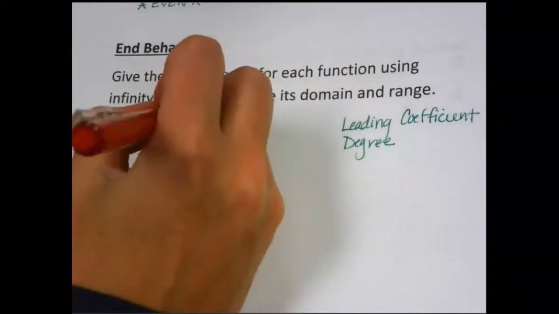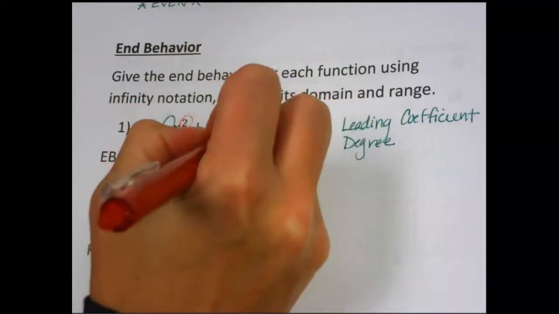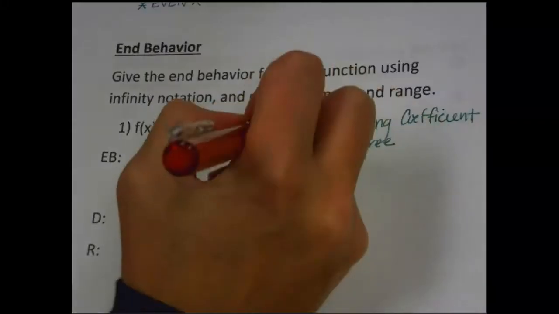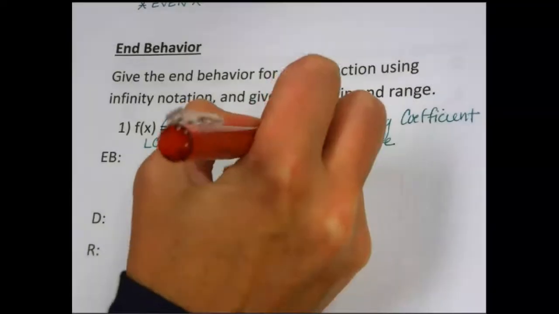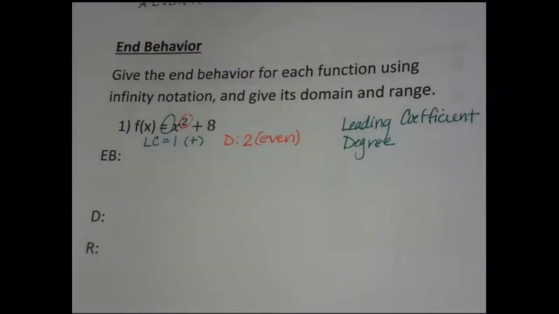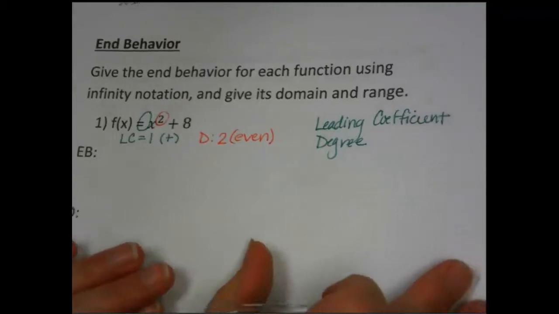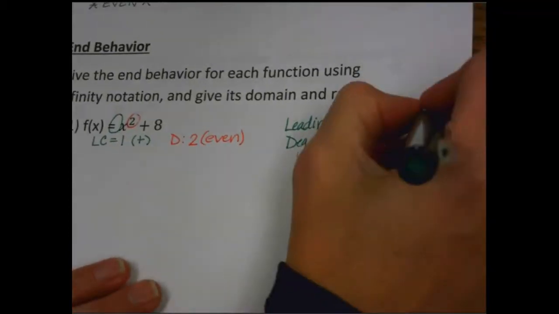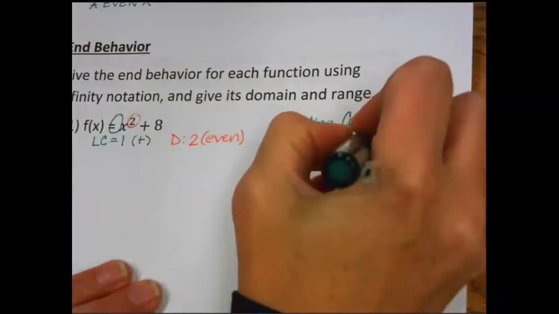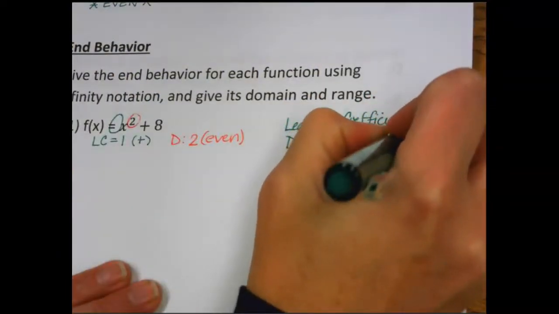So this 2 is our degree. So our degree is 2. And what we care about on that one is whether it's even or odd. So your leading coefficient, you're looking for positive or negative. And then degree, you're looking for even or odd. Might be something we want to add over here by these words. Leading coefficient, positive or negative, degree, even or odd.